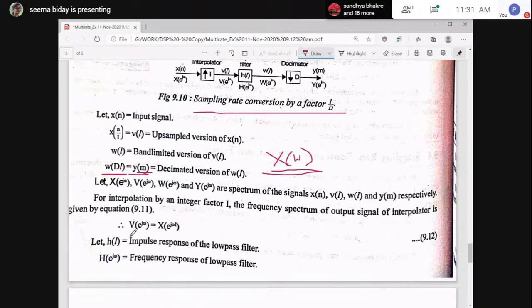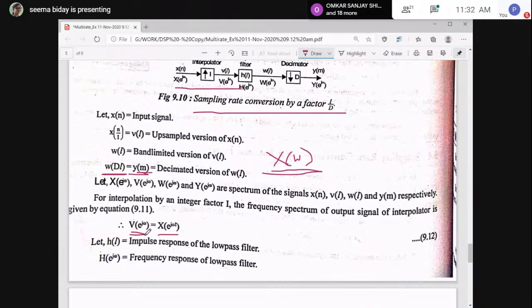We have seen that V of e to the power j omega, which we have already derived, is e to the power j omega into I, or we have written z raised to I, where z is replaced by e to the power j omega. Is this fine? It is in continuation with the last lecture, what we have derived.